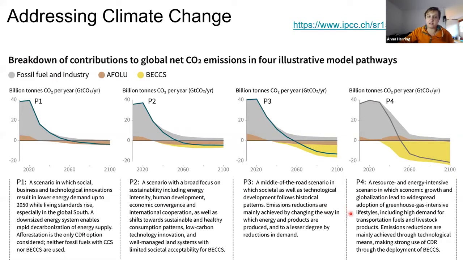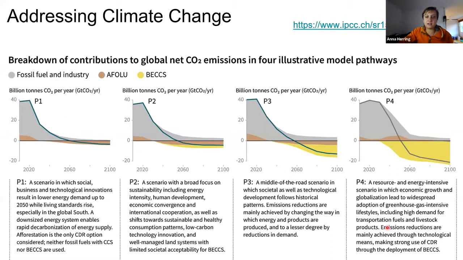degrees Celsius. So in this really optimistic scenario, we see that if we can have emissions from fossil fuel and industry peaking very soon and then dropping very rapidly, we can get away with a pretty low level of negative emissions. And actually that could be accomplished entirely with land use changes. So in this figure, the brown color is indicating land use changes.